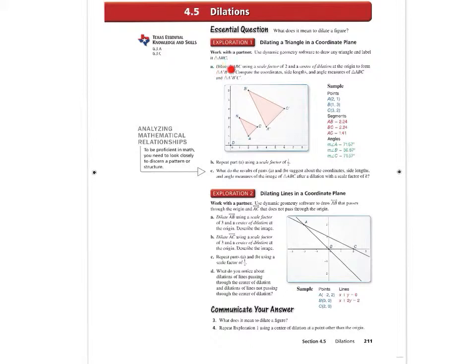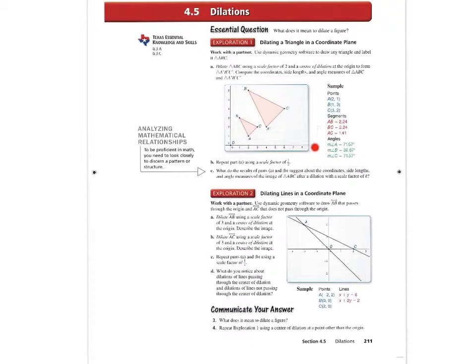Use the dilate feature in the geometry mode of your calculator, and you can create these images and get your coordinates for all the vertices of the initial triangle you create, your pre-image, and then the one that you dilate, A prime, B prime, C prime. The point of dilation for this exploration 1 is the origin, which is labeled D.